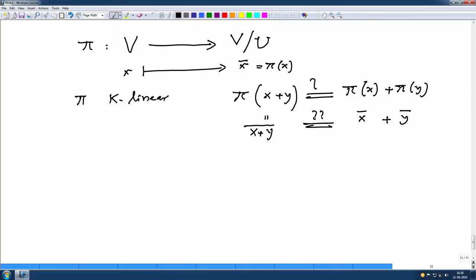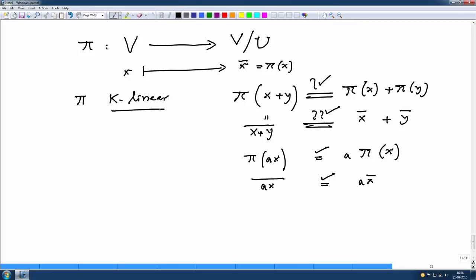Similarly, we have to check that pi of Ax equals A pi x, but in bar notation it is A x bar and this is A x whole bar, but that is how we have defined this scalar multiplication. So, this is correct, this is correct. Therefore, pi is k linear. So, now we have the natural map is a k linear map.